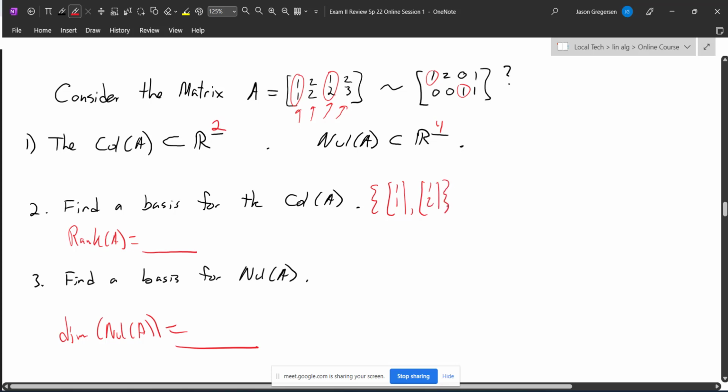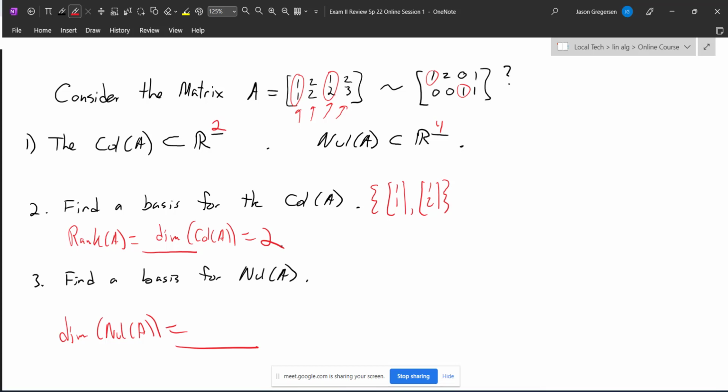Because there are 2 vectors in the basis, the rank of A, which is just a fancy name for the dimension of the column space, would be equal to 2. In this case, the column space is a 2-dimensional subspace of R2, which basically means it is all of R2. Any questions about column space?